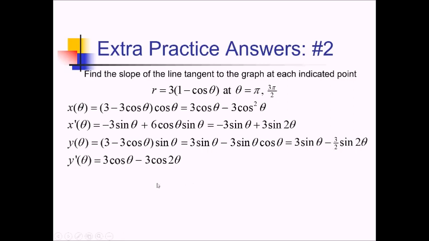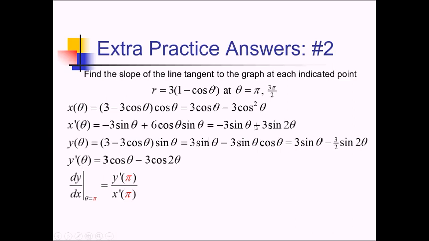Okay, at this time, we're going to do dy over dx evaluated at pi. So this is going to be y prime of pi over x prime of pi. Y prime of pi, we're going to be doing this stuff here. This is 3 cosine of theta minus 3 cosine of 2 theta. And we're also going to be dividing by this x prime stuff.